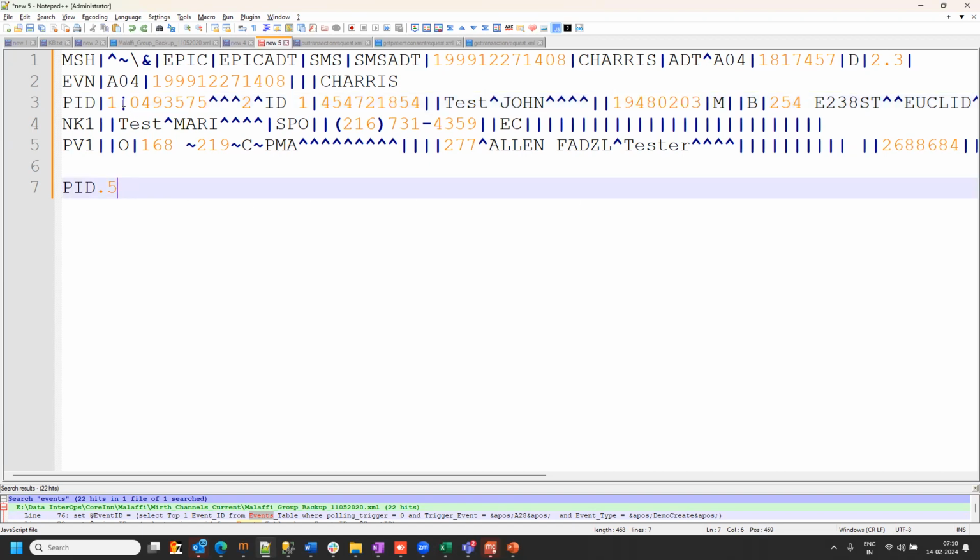And when we go through these fields, each field will have its own field number, or field sequencing, or field positioning. So this is field number 1, field number 2, field number 3, 4, 5, and so on. That's how we read every field within an HL7 message.